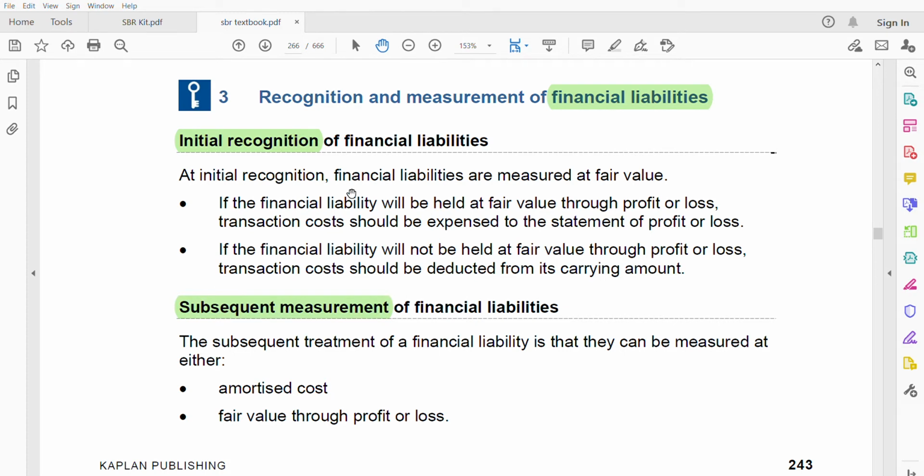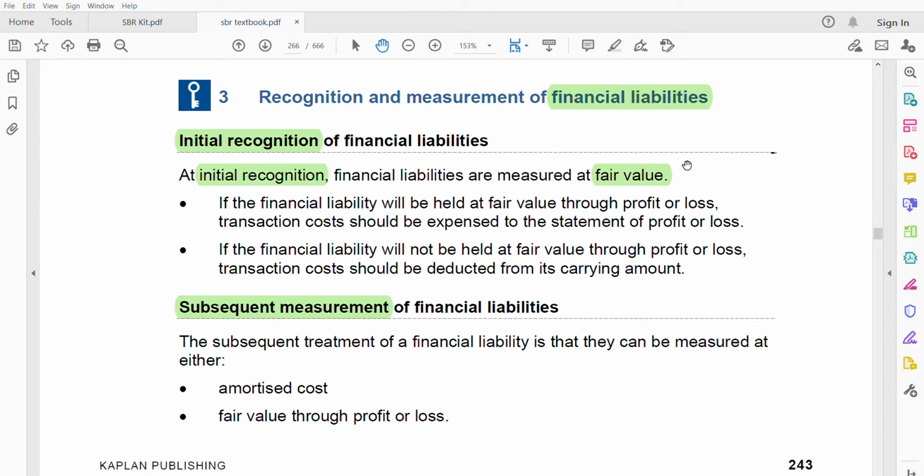So how do you initially recognize financial liabilities? Initial recognition, they are measured at fair value. Remember, we have studied IFRS 13, fair value, right? It's a separate standard, and that video is there on my channel, IFRS 13.